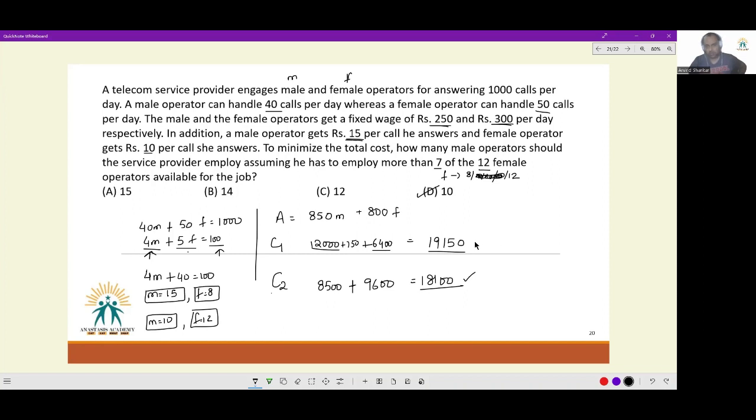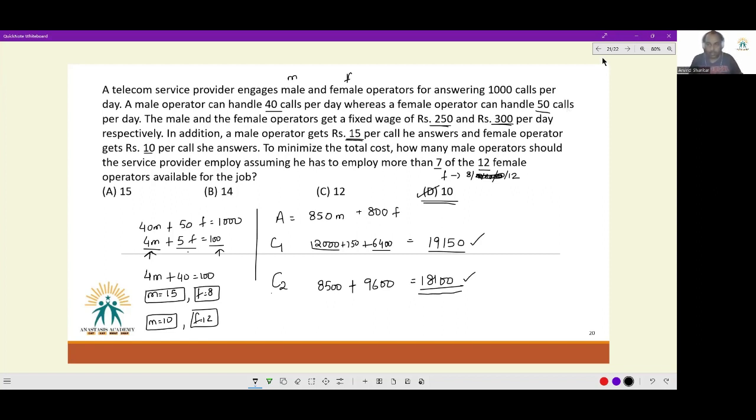It is fine. Everything is fine. These are the two costs that will be incurred. Of course, because it's looking for the lower cost, it has to be 18,100. And when 18,100 is being incurred, there were 10 males hired. So the correct answer will be option D.